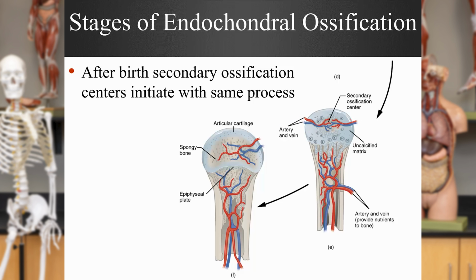Spongy bone keeps growing until there's only a little bit of cartilage left. You're going to have the epiphyseal plate left, as well as the articular cartilage. Both the articular cartilage and epiphyseal plate will remain throughout childhood into adolescence, because that's how the cartilage keeps growing, and that's how the bone keeps elongating.